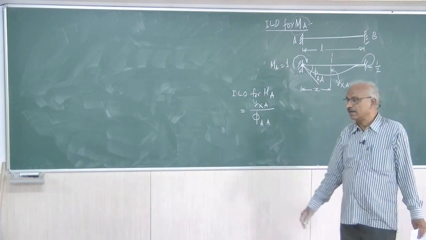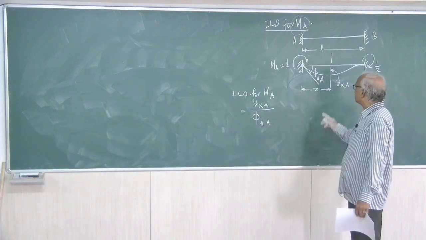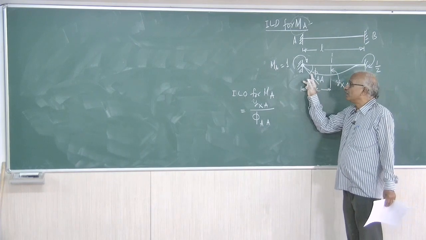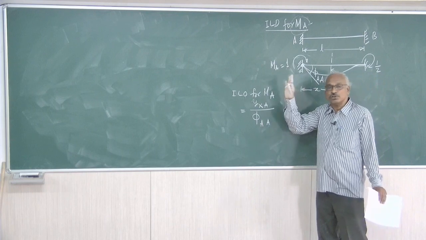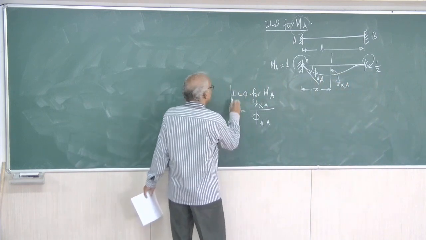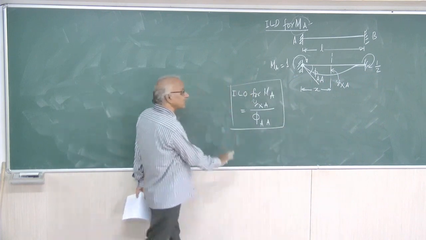So, finally what we want is the deflection at some point X divided by the slope at the point A, both due to MA equal to unity. So, Muller-Breslau principle ends here.